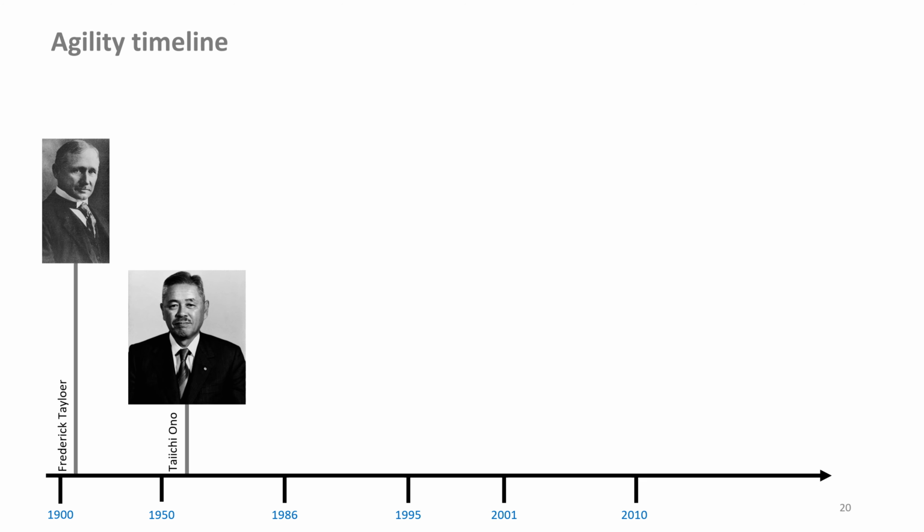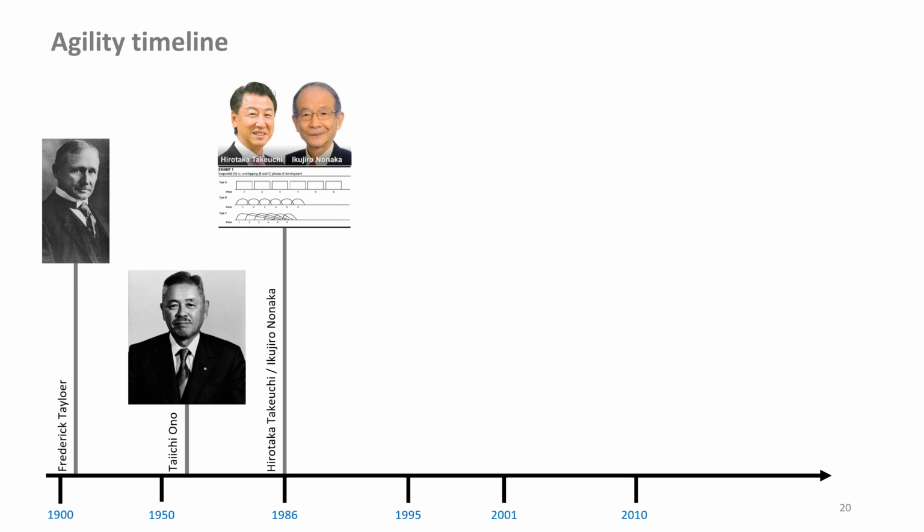Regarding the Toyota production system, it can be said that every employee takes responsibility, and as soon as problems occur, the employees are asked to stop the entire system. Hirotaka Takeuchi and Ikujiro Nonaka. In 1986, there was a publication, the New Product Development Game.